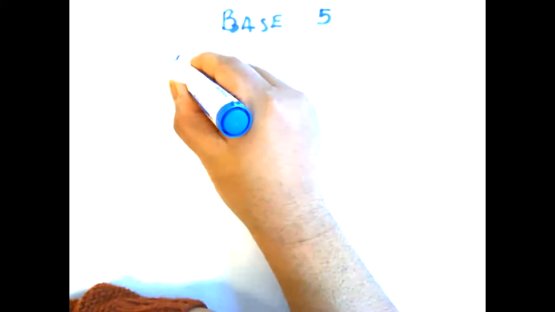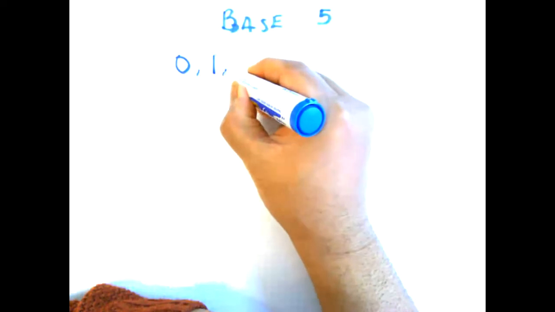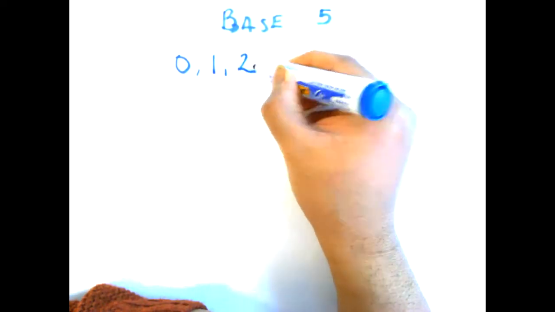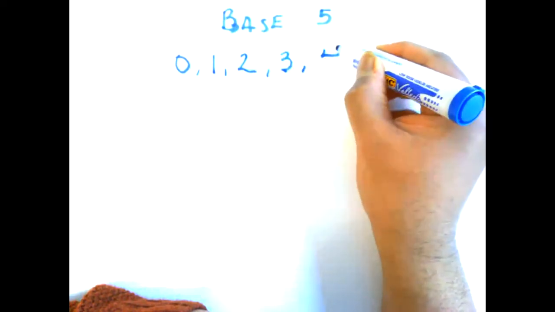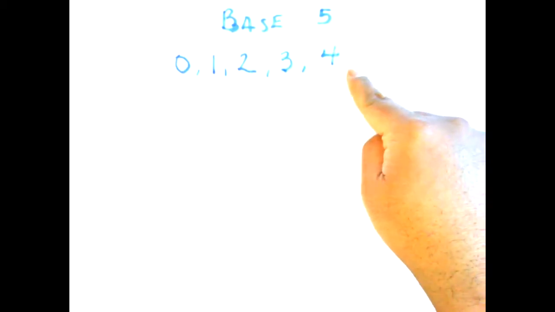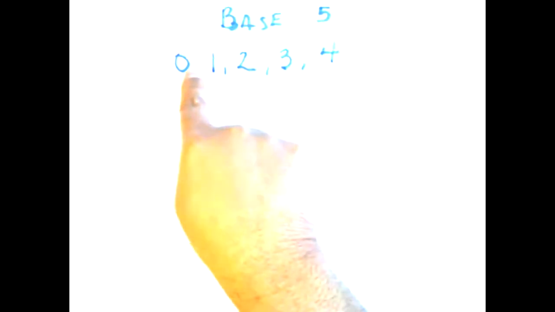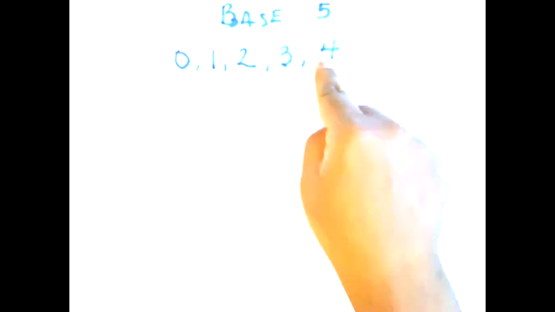And those symbols are 0, 1, 2, 3, and 4. So take note, there is no symbol for 5. So we have 5 symbols: 1, 2, 3, 4, 5.